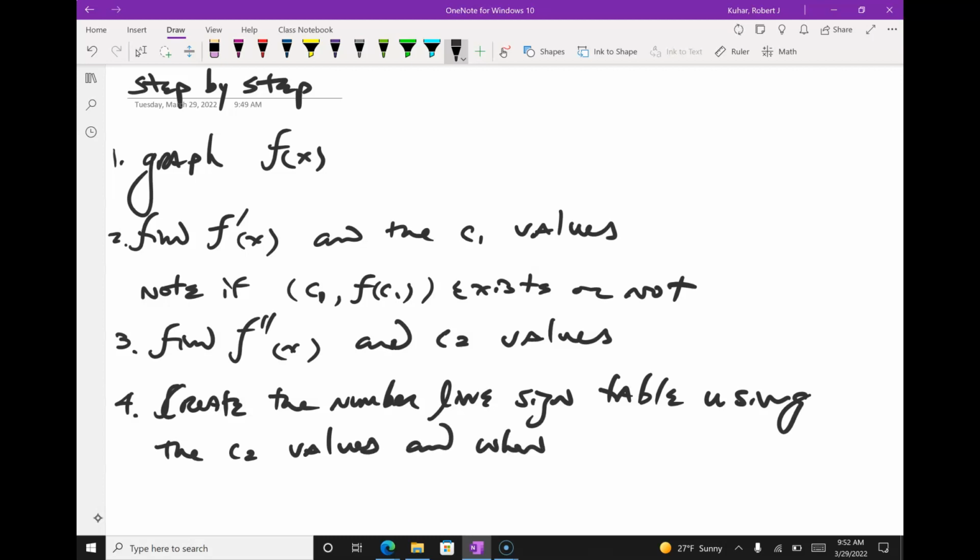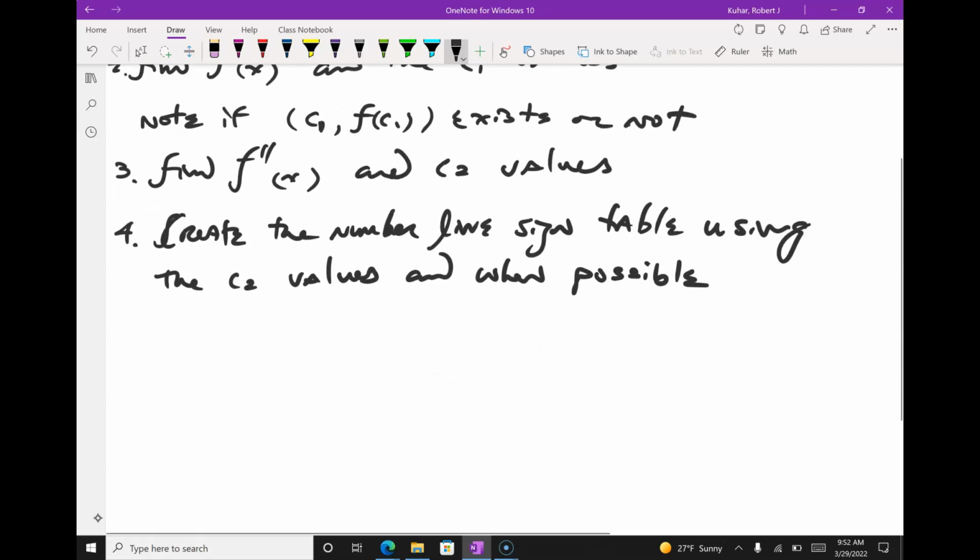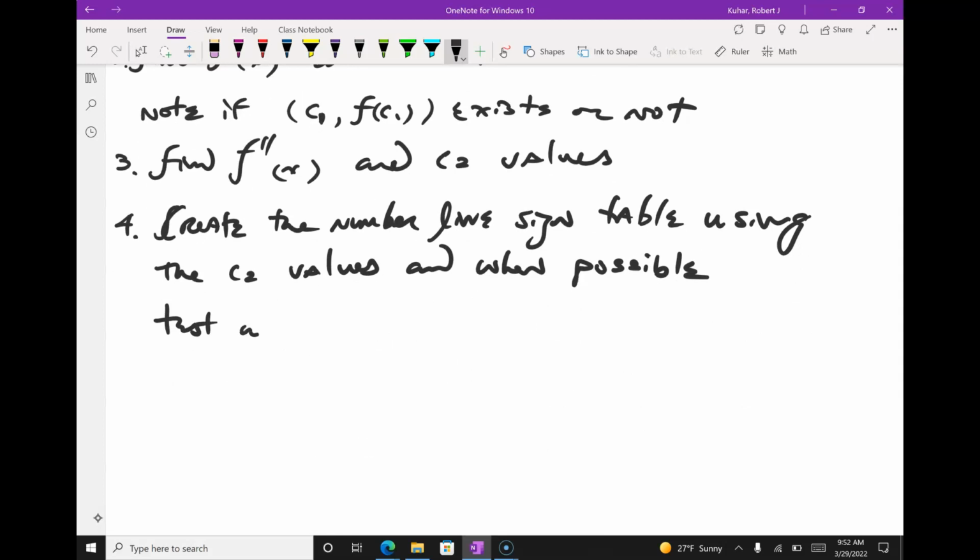And when possible, test with the C1 values. So I'd like my criticals of my first derivative to be test values.